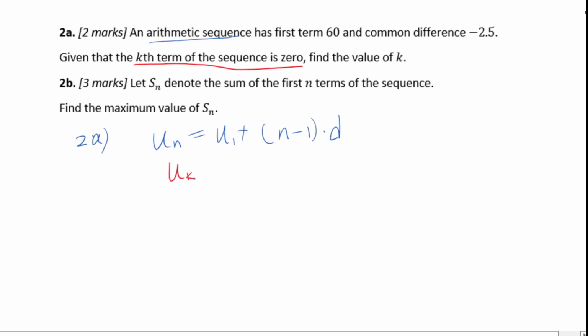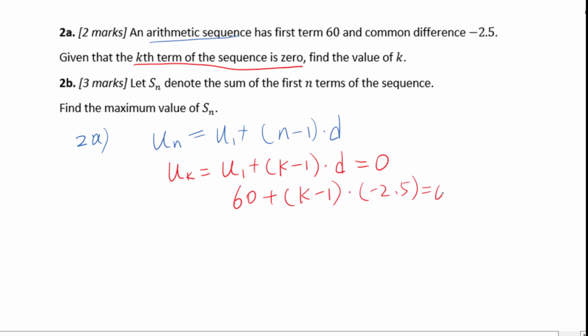U sub k equals U sub 1 plus k minus 1 times d equals 0.